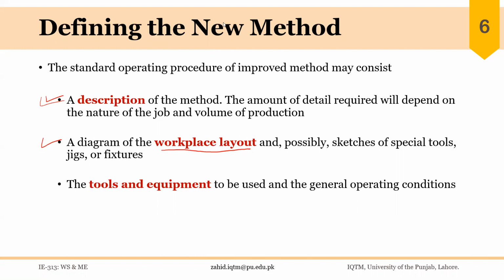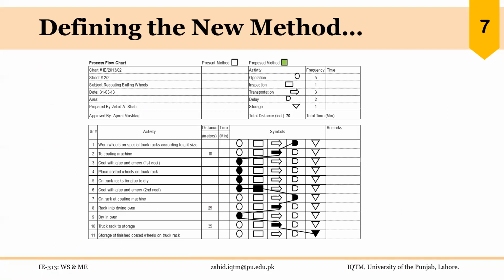And if possible, sketches of the tools, jigs, or fixtures that are being used in that process should be included. And finally, the tools and equipment to be used and general operating conditions should be included where possible. But the details of the description should not be too much. So, for example, Therbligs should not be part of the method description.